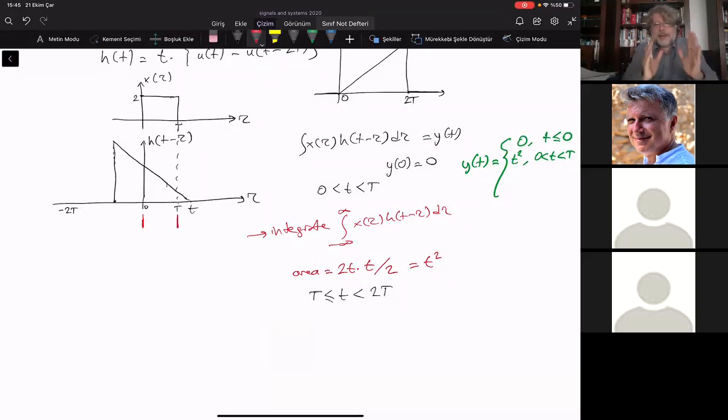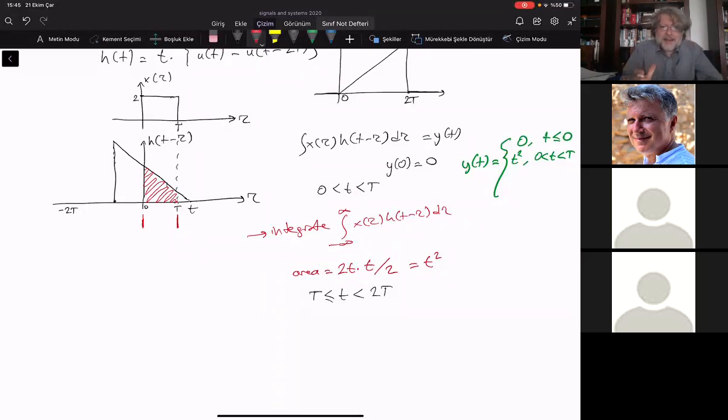So this is the overlapping portion, from 0 to capital T. If that is the overlapping portion, what kind of a multiplication crop do I have? I have this crop, from 0 to capital T. Okay, it's a parallelogram shape.